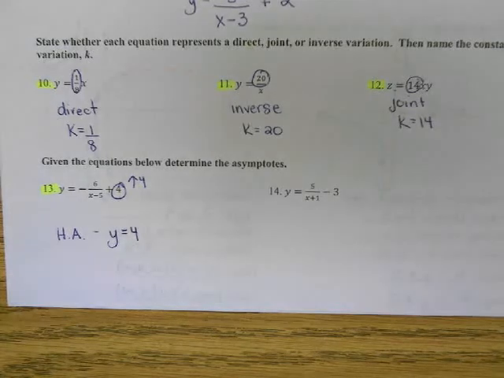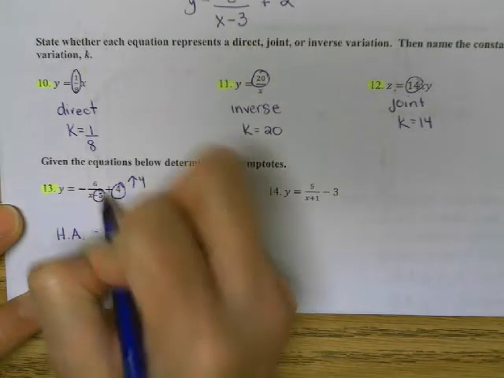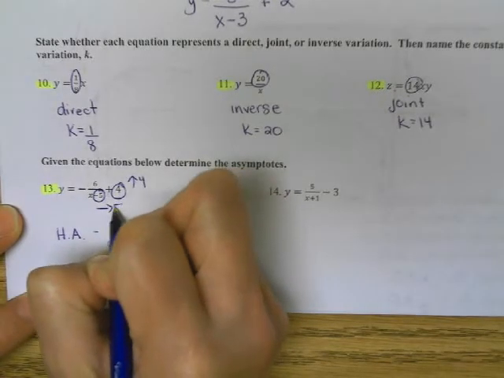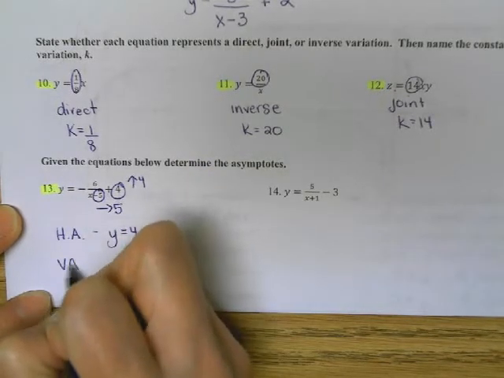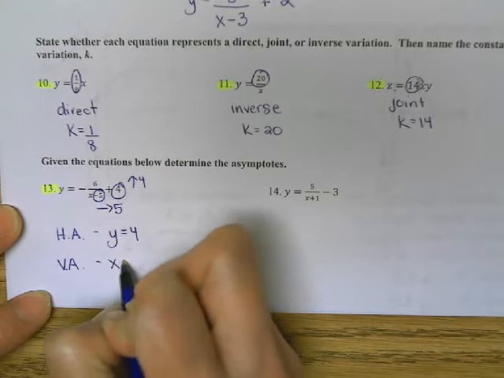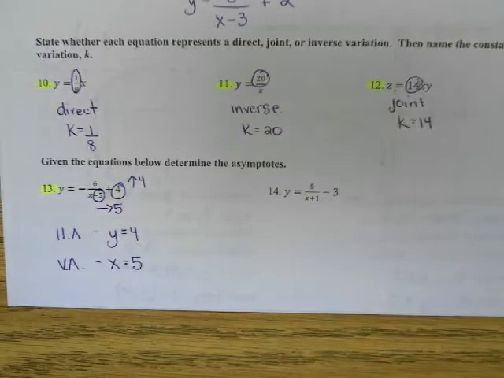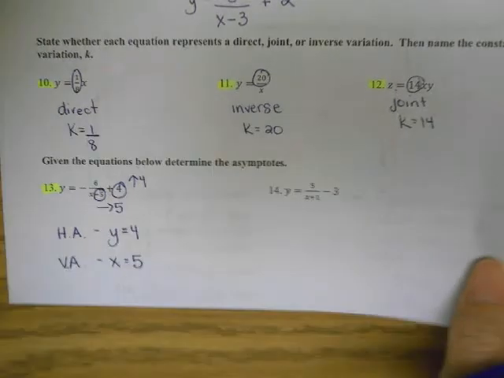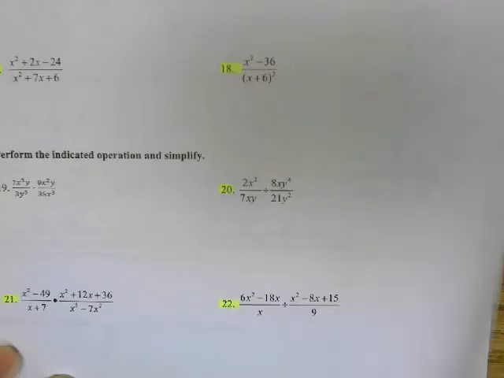If you move your graph left or right at all, that moves your vertical asymptote. So right here, this is saying move to the right 5, which means your vertical asymptote would be x equals 5. Okay? All right, let's flip to the next page.